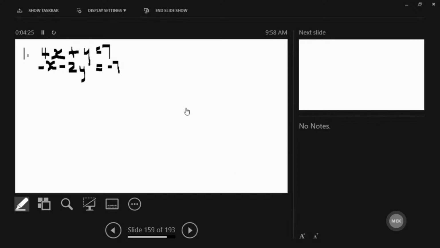Now, the method that we're going to be using today is the substitution method. All right, so substitution.